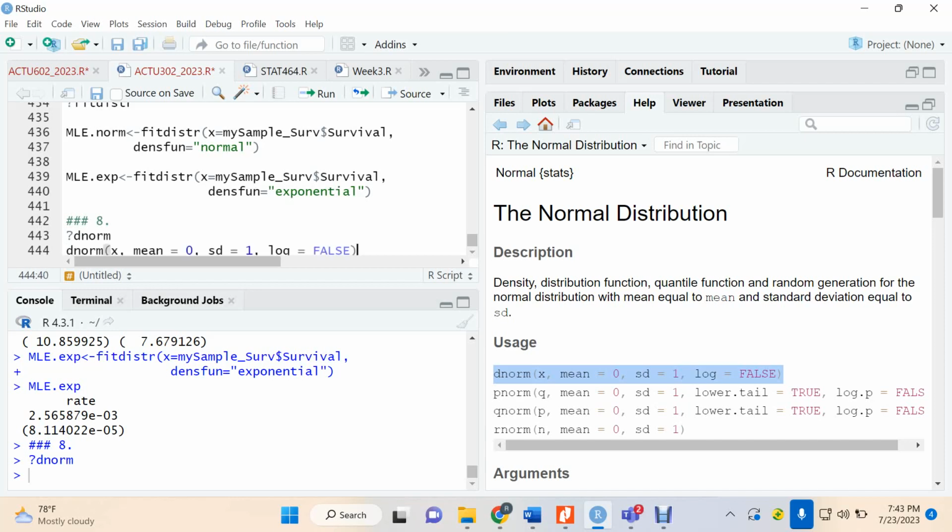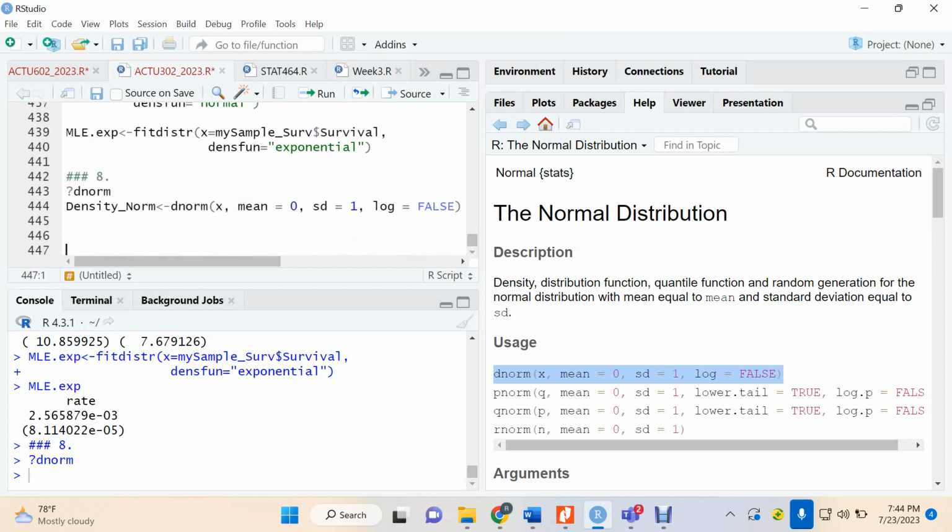So the density is what? X is what? So I can say let's say density normal, right, will be this. Now, what does it need? It needs X. Let me just shorten this so that dense norm.